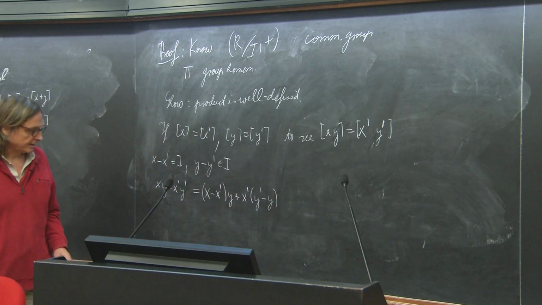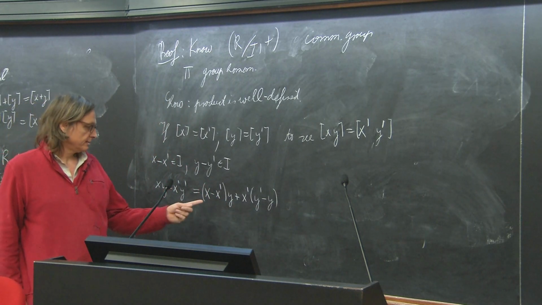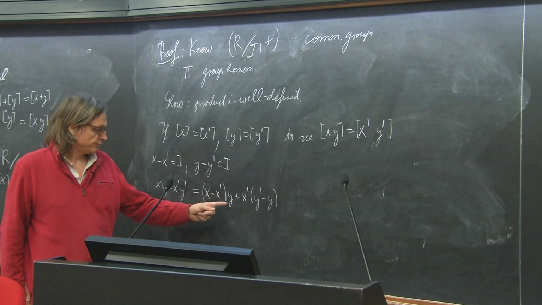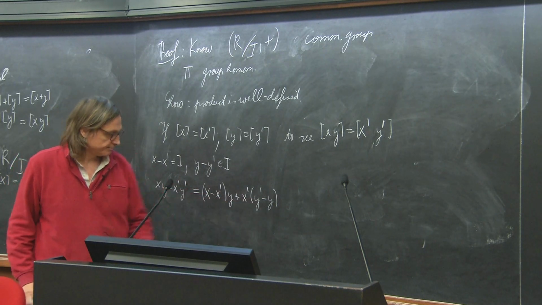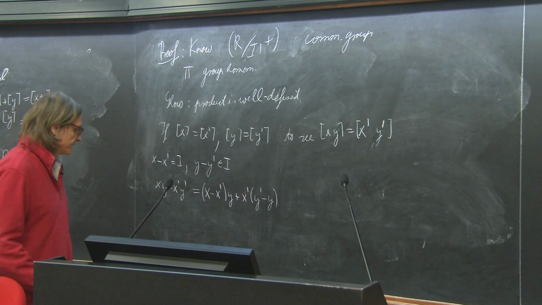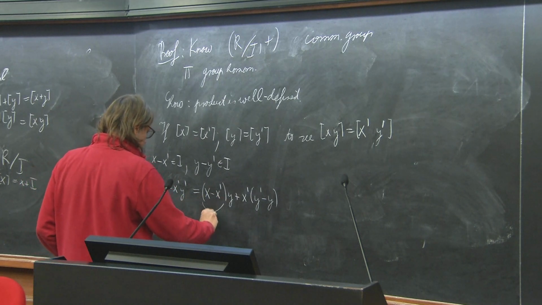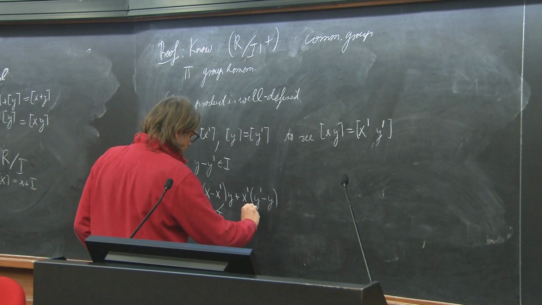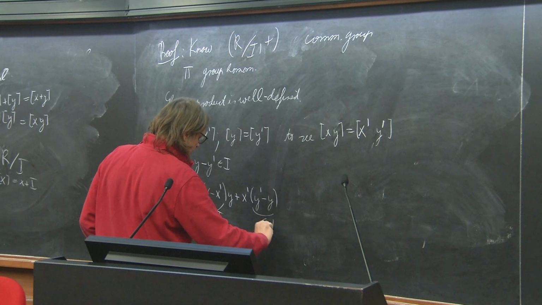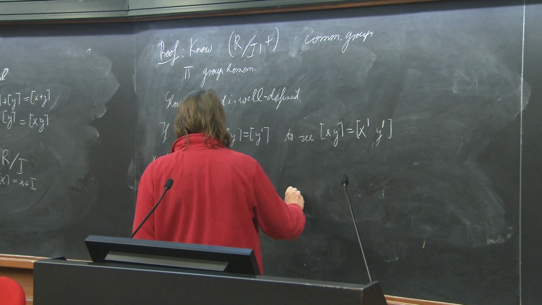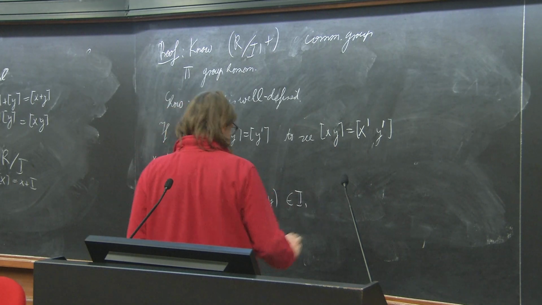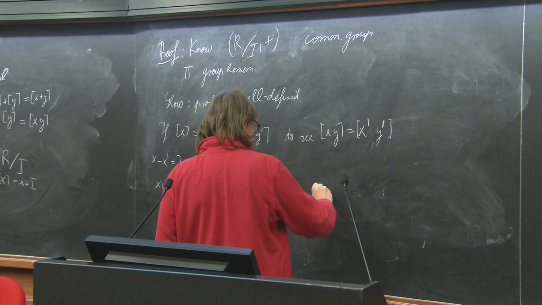If you look at what we have done here, we have just added x prime y and subtracted it again, so it's the same thing. But now we see that this is an element in I, this is an element in I, so the whole thing is an element in I. And thus the multiplication is well defined.